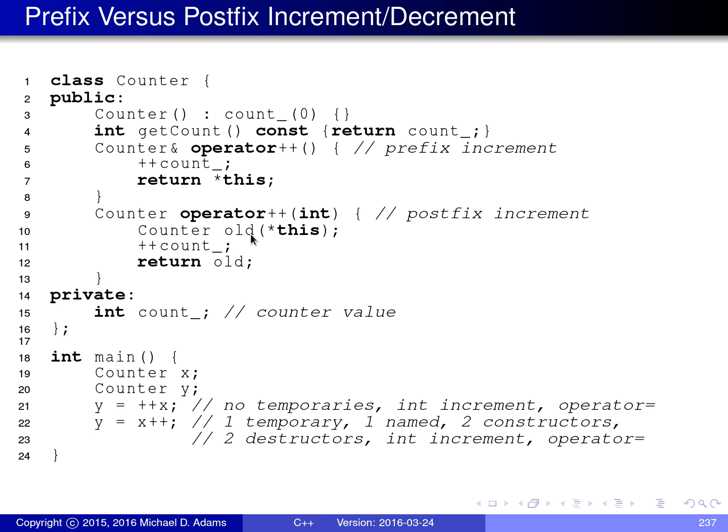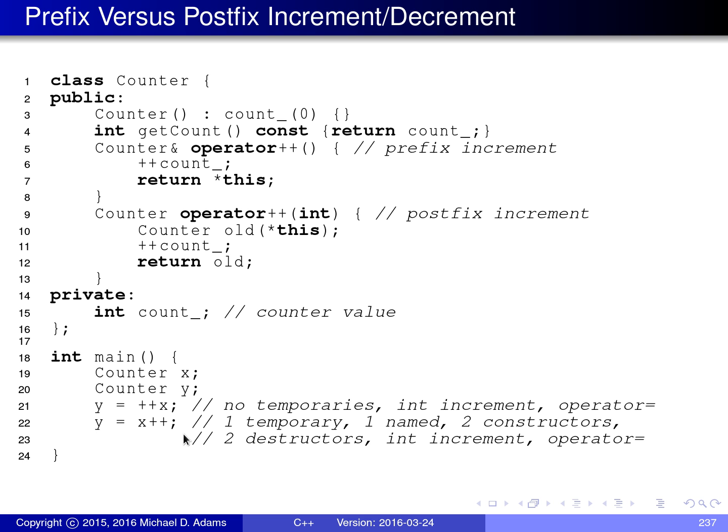So we save the old value by creating a new counter object and saving the object we're operating on into this variable old. Then we increment the count, and then we return the old value. But the story doesn't end here, because the value we're returning is not by reference, it's returned by value. So the value we're returning has to be copied into a temporary object which holds the return value of x++, and the value stored in the temporary object is then used for the assignment operation to assign the value to y.